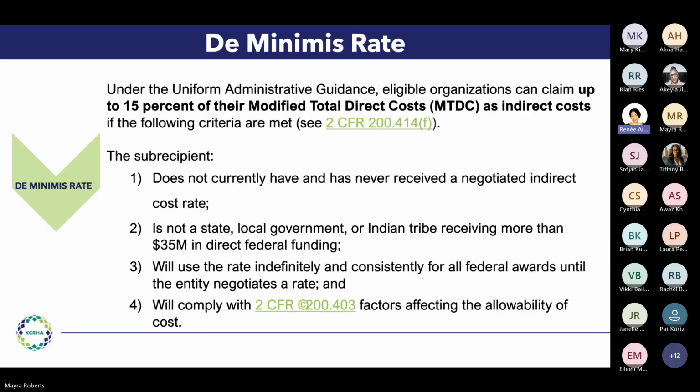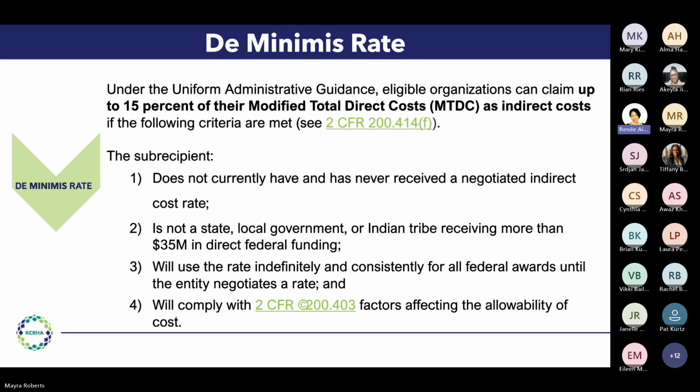You don't currently have or have never received a negotiated indirect cost rate. And again, we're talking about federal fund awards here, right? So if you have a NICRA, you have to apply your NICRA. If you don't have a NICRA, you can use the 15% indirect or de minimis rate, right?